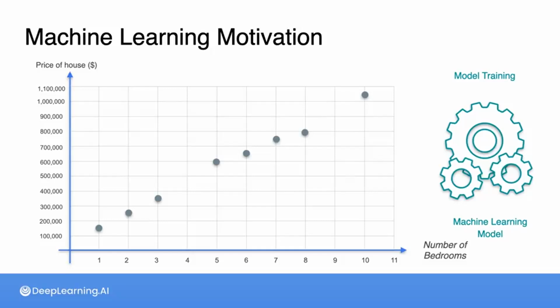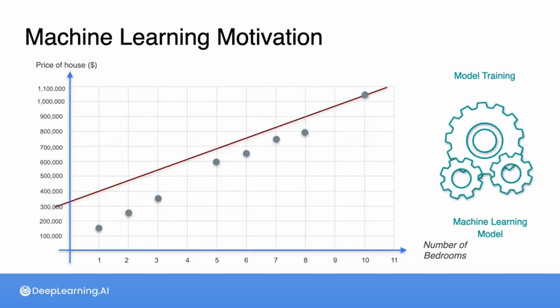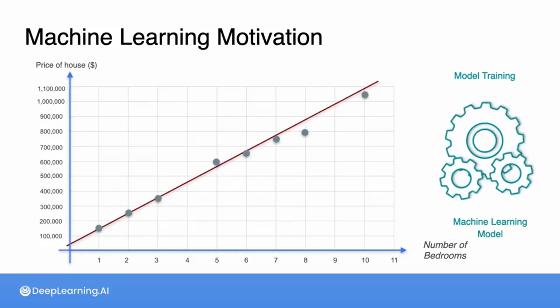So when I say model, in this case, what I mean is simply a line that goes as close as possible to all the points. And this line would represent the predicted price. So when model training begins, it starts with any random line. And the idea is that it tweaks the results in order to optimize the best possible prediction for the existing data points.